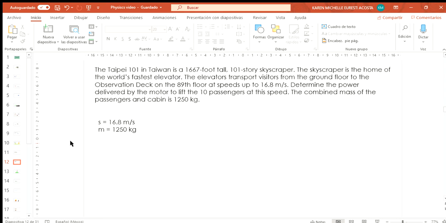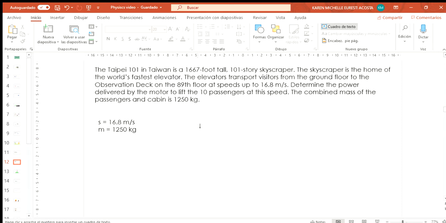So we are going to take that force like it's pulling them downwards, that is the weight. We assume it is the same force that pulls them upwards that the elevator does.